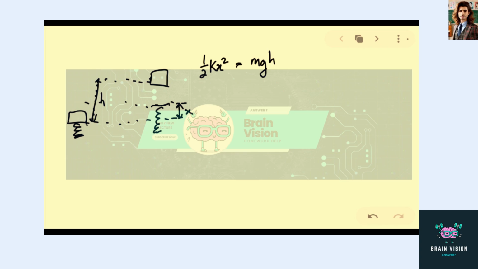Now we have a second condition in which the maximum acceleration of the apparatus is a. So at this point over here, the force acting on the block is the spring force kx, and the block itself has a mass, with weight mg.